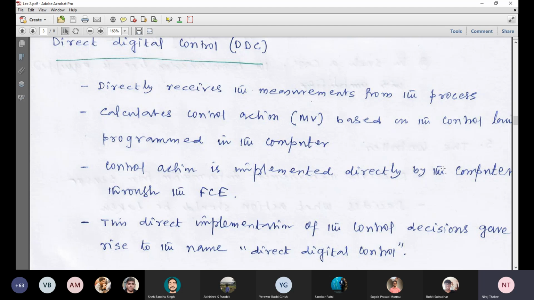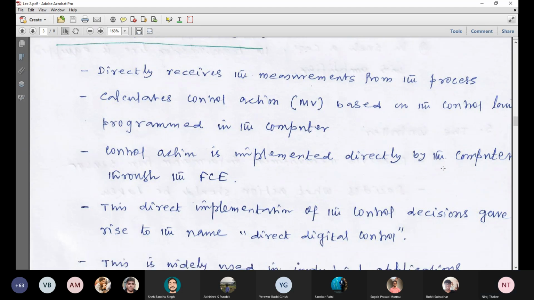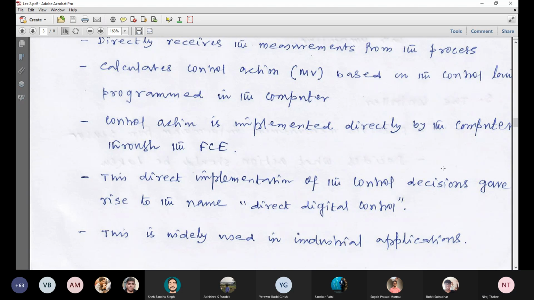This direct implementation of the control decisions gave rise to the name direct digital control.